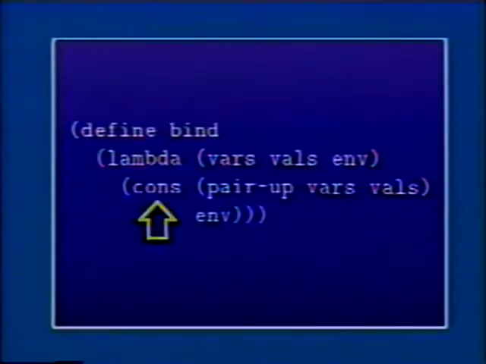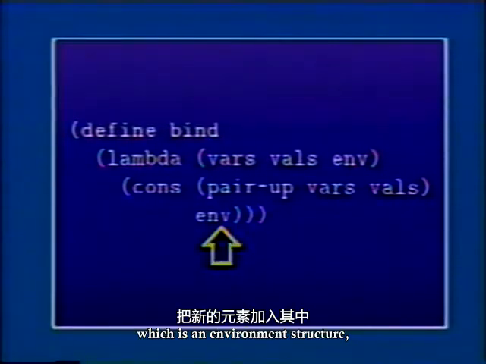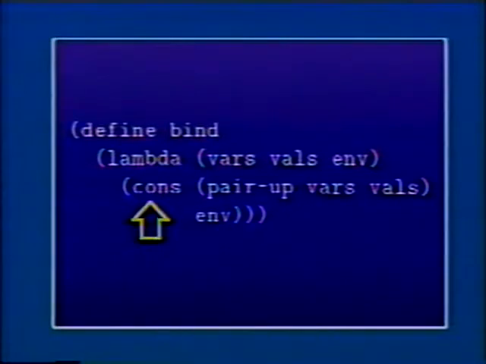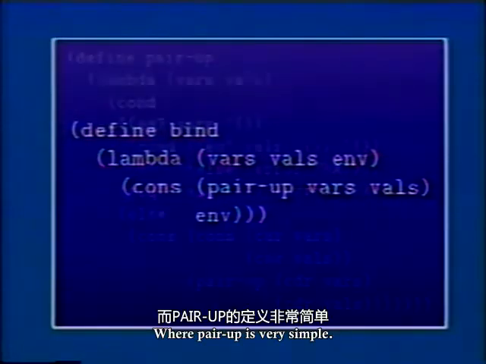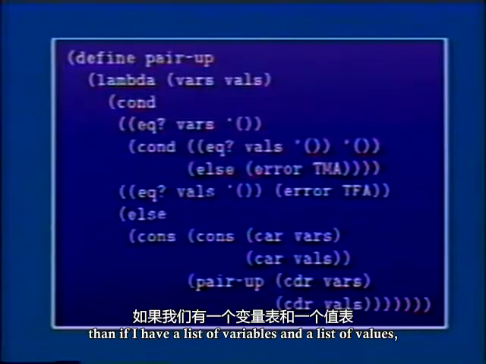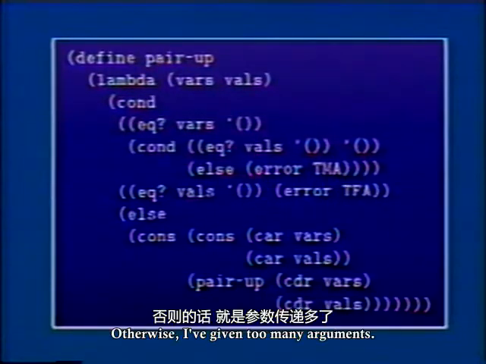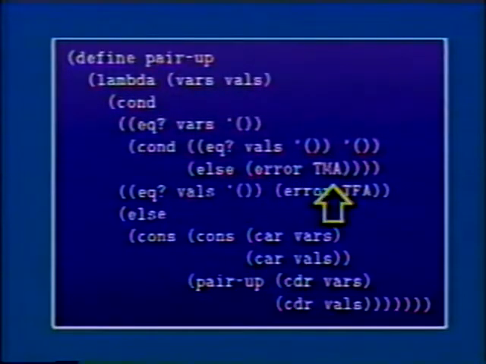So it's just making a list. I was adding a new element to a list of frames, which is an environment structure, to make a new environment. Okay. Where pair up is very simple. Pair up is nothing more than, if I have a list of variables and a list of values, well, if I've run out of variables and if I've run out of values, everything's okay. Otherwise, I've given too many arguments.